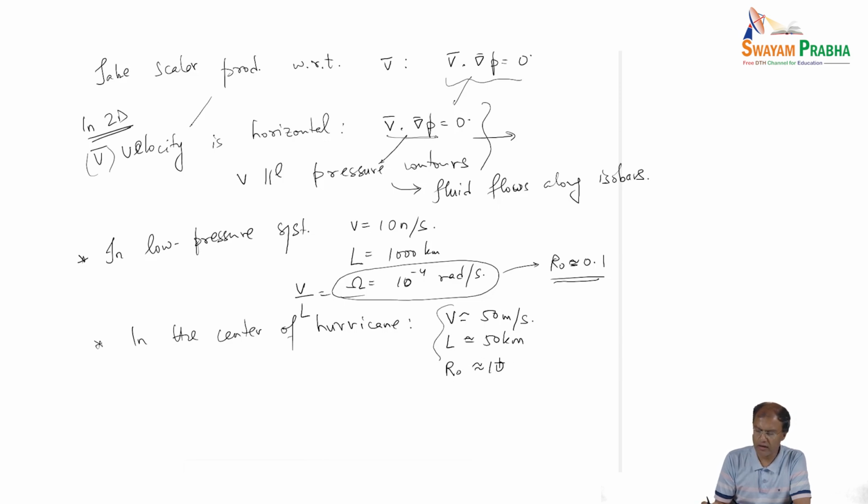Out of all this information, we see that R naught is 10, and this is a case where the Coriolis effect is small, right?